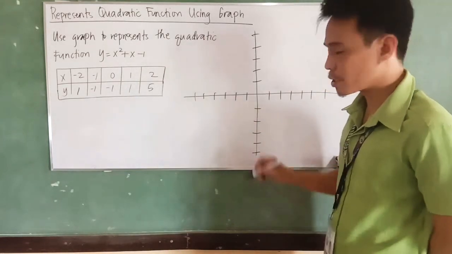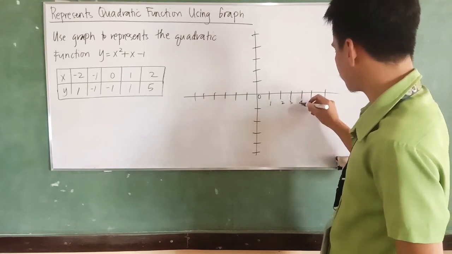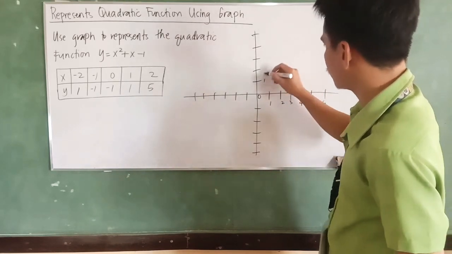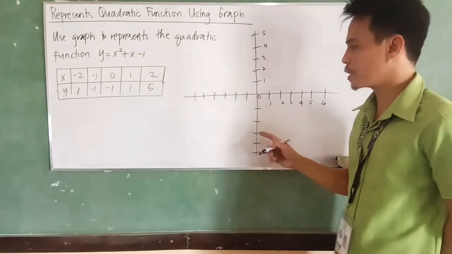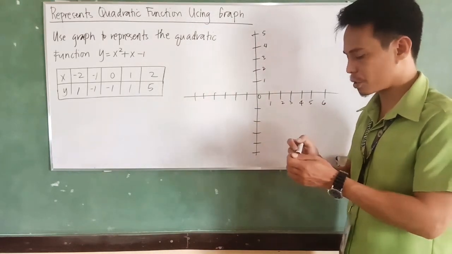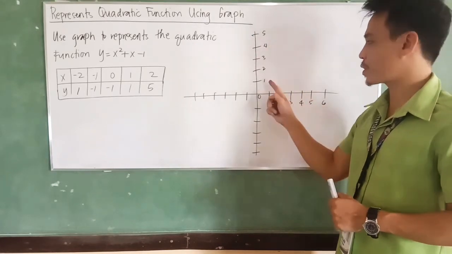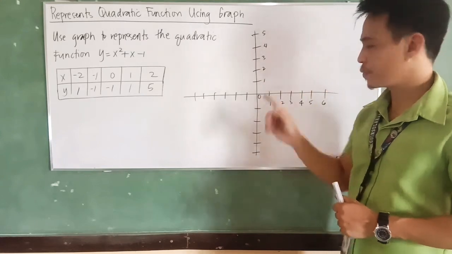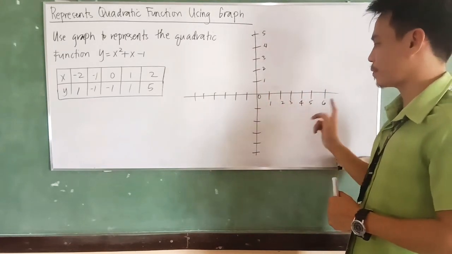So sa Cartesian plane natin, 0 yung gitna. So this is 1, 2, 3, 4, 5, 6. 1, 2, 3, 4, 5. So yung Cartesian plane natin guys, yung values ng gitna is 0, then yung upward niya is positive 1 upward, then rightward niya is positive 1, 2, 3, 4, 5 also.